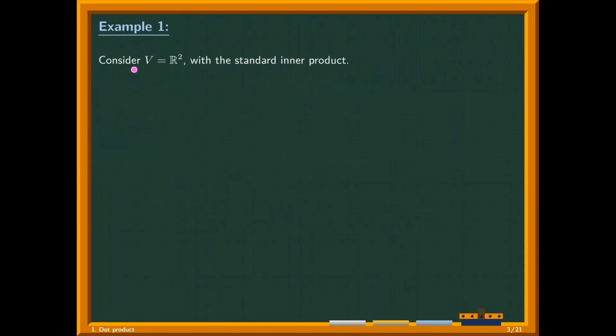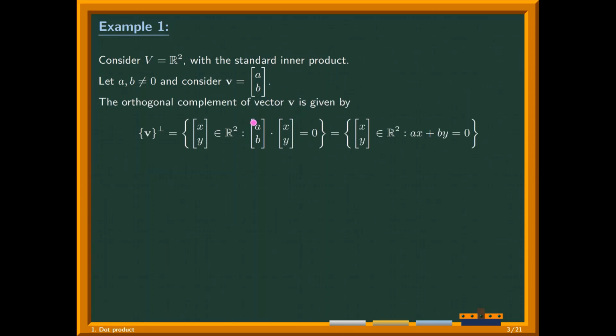So here's an example. Suppose V is the inner product space R2 with the standard inner product, or just the dot product. Consider a vector v = (a, b) in R2 with components both non-zero. Then the orthogonal complement of v is the set containing v perp.